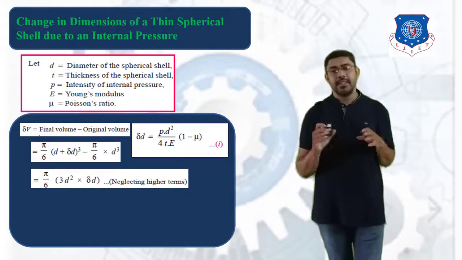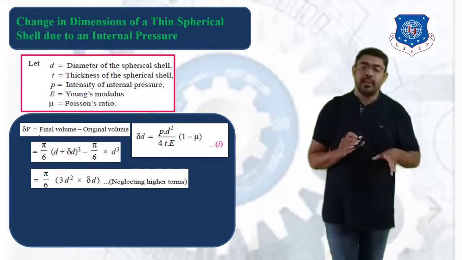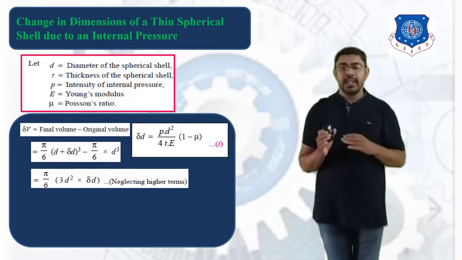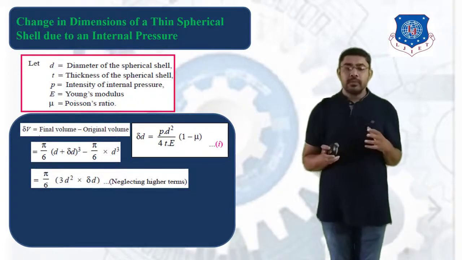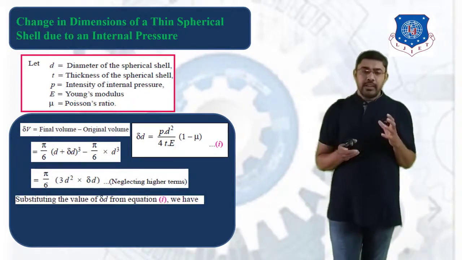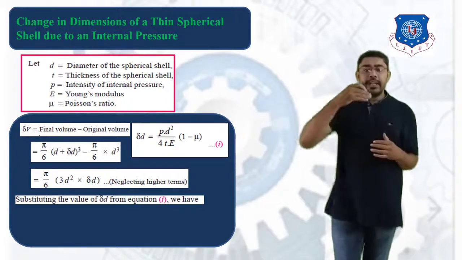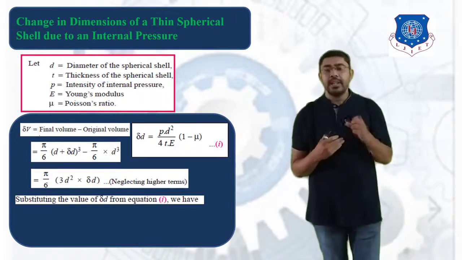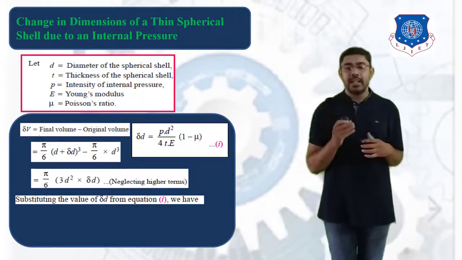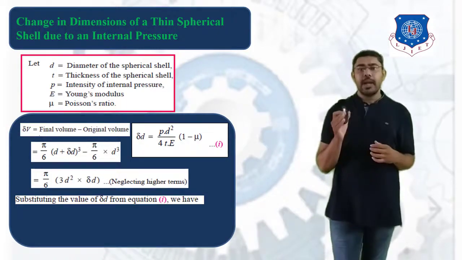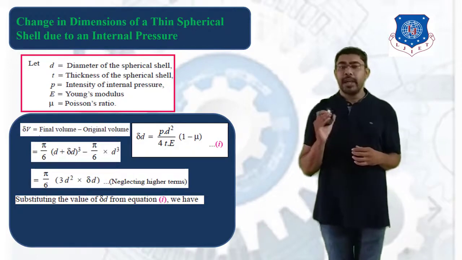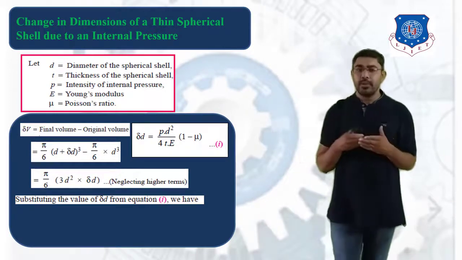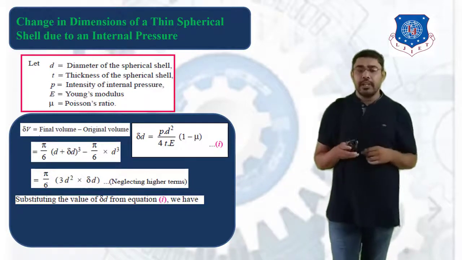Here in these equations we are neglecting the higher order terms. Now substituting the delta d value: in the above equation there is delta d, and we have the value of delta d from equation 1, that is p d square divided by 4 t e into 1 minus mu.